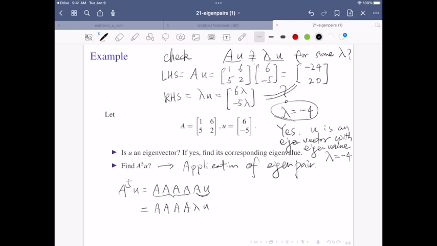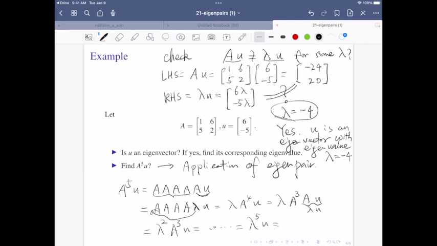But lambda is a constant, so we can always put it in front of everything. So this is basically lambda A to the fourth power u. And this is the same thing as lambda A to the third power Au, which is lambda squared A cubed u. If we keep going, at the end we have lambda to the fifth power u.